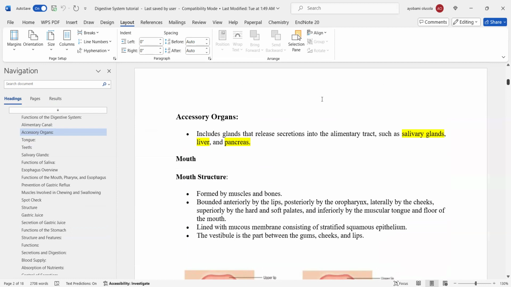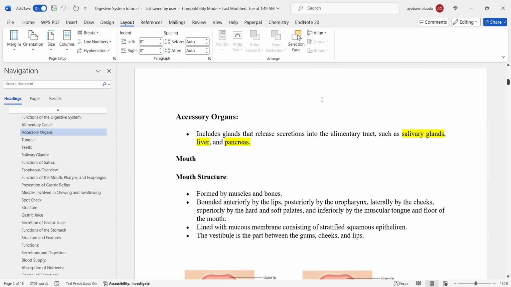The mouth is formed by muscles and bones. You know there are bones like the upper jaw and lower jaw, the maxilla and the mandible. Then it is bounded anteriorly, meaning at the front, by the lips.